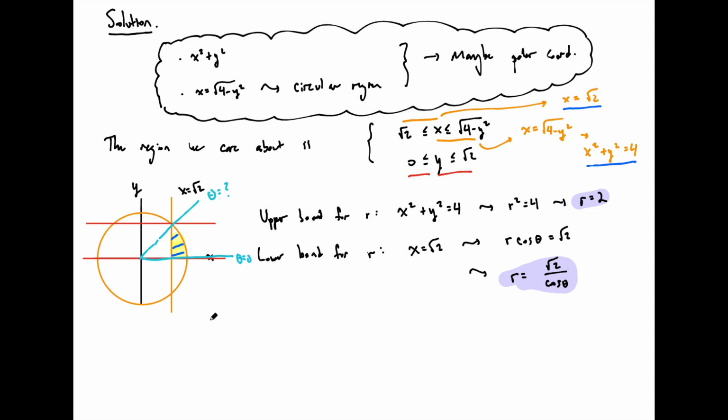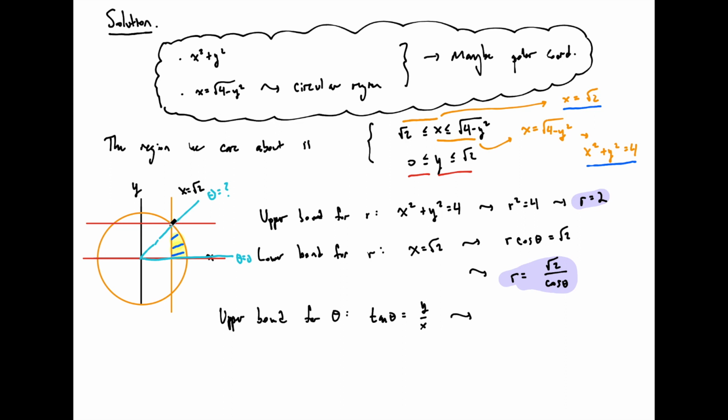To approach this a little more methodically, though, we could recognize that this upper bound is given by the intersection of these two curves. It's given by the intersection of x equals root 2 and y equals root 2. And we know that in general, tangent of theta, when we talk about how polar coordinates and Cartesian coordinates are related, is y over x.